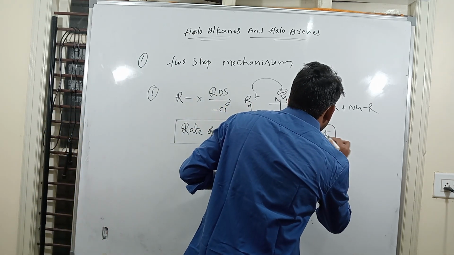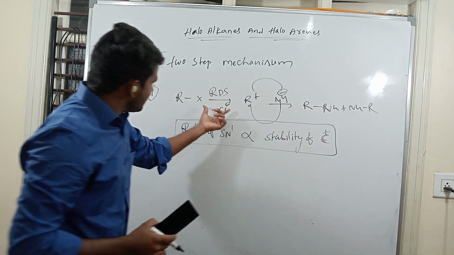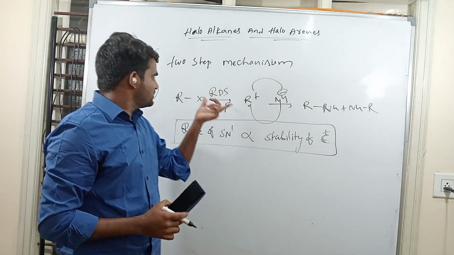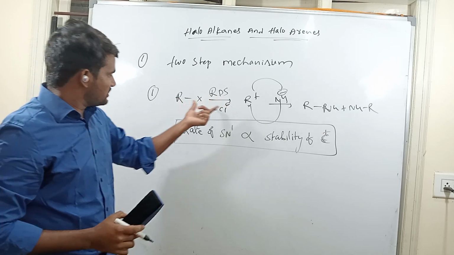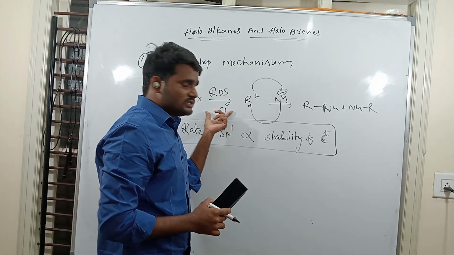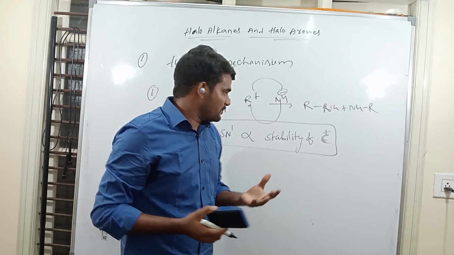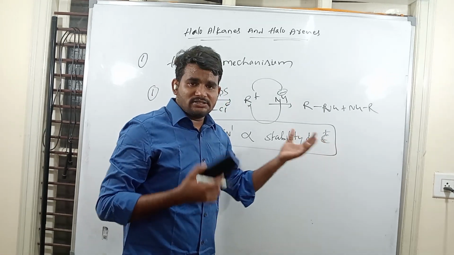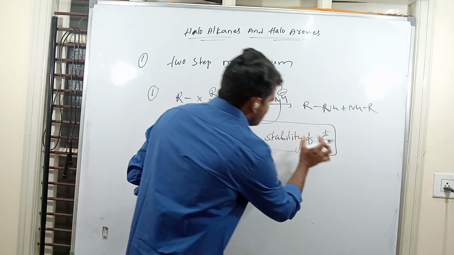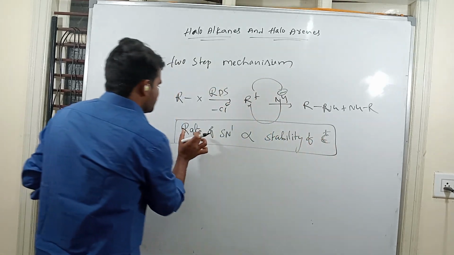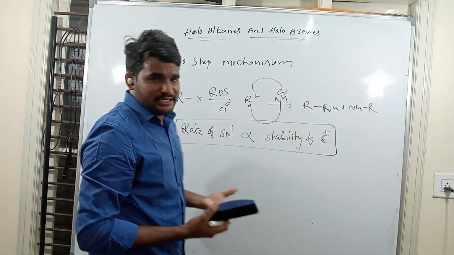The rate of a reaction always depends on the rate determining step, and in the SN1 reaction the rate determining step is the formation of the carbocation. So as the stability of the carbocation increases, the SN1 reaction rate increases.